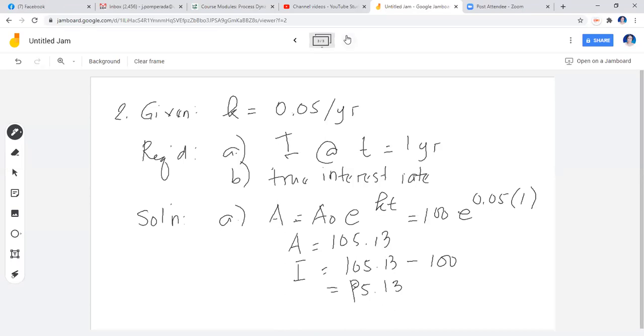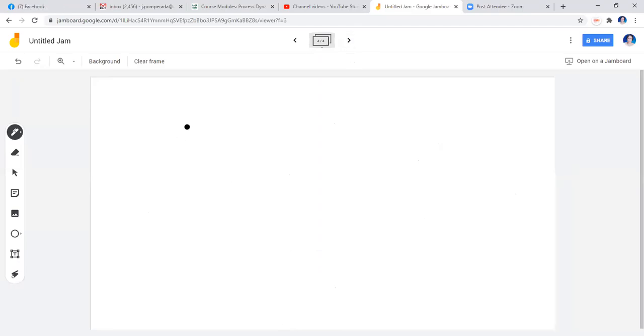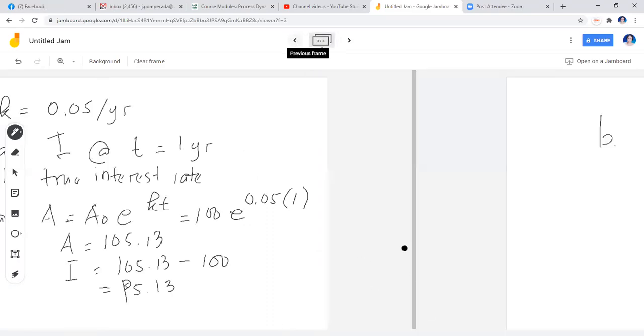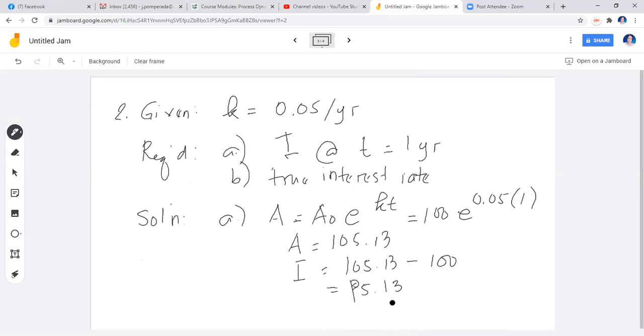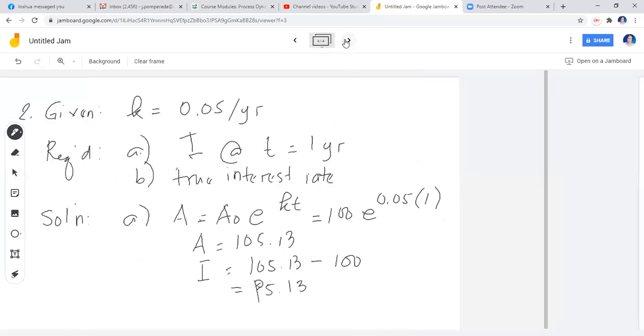Now if you go to letter B, it's asking for the actual interest rate, that should be the earned interest over the initial amount, the A sub 0, times 100. So the earned interest that you have here, this is the amount that your money earned, your 100 peso. So place it here.